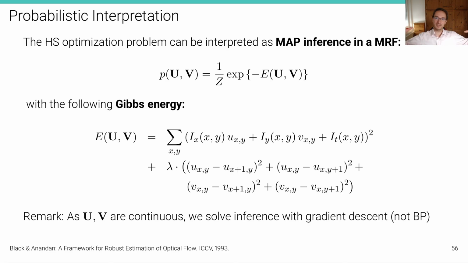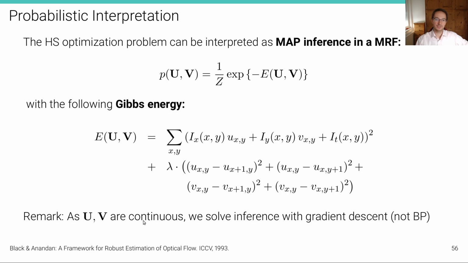So we can take the energy that we have just derived for optical flow and plug it into the Gibbs energy term, and this gives us a distribution. So there's this duality between the two representations. And now performing map inference on this distribution is the same as minimizing this energy.